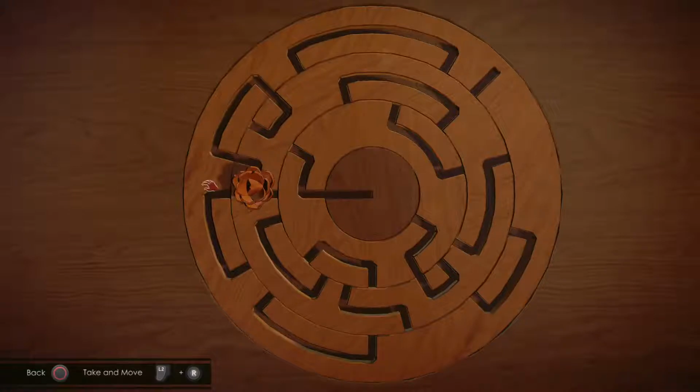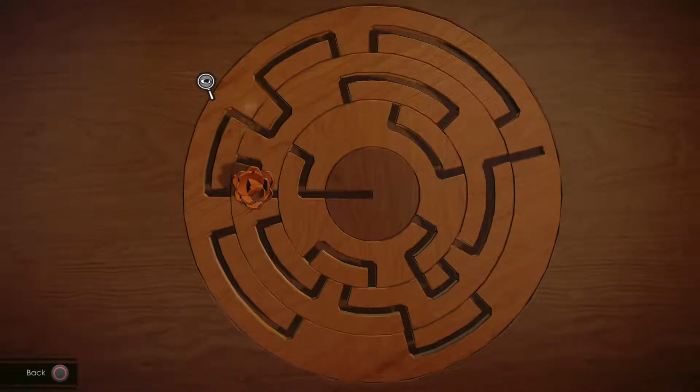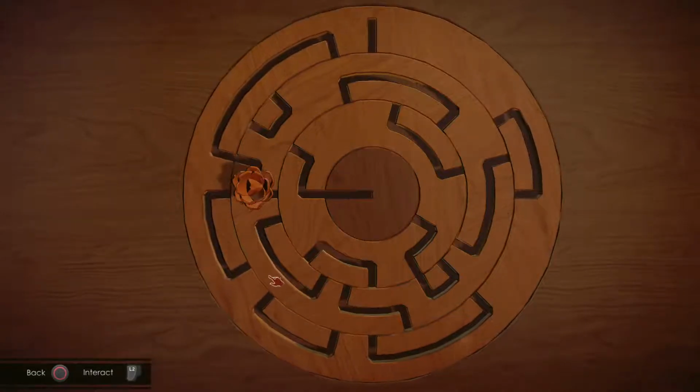And then we'll need to... I guess there's different distances, so... I'm kind of thinking the long one.